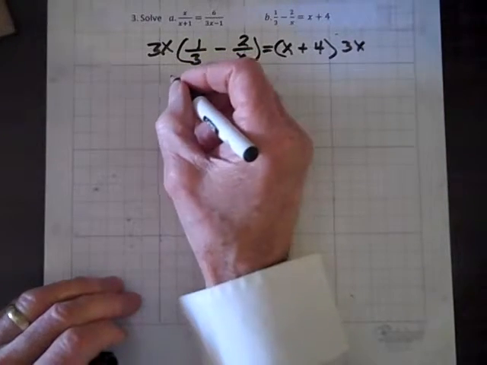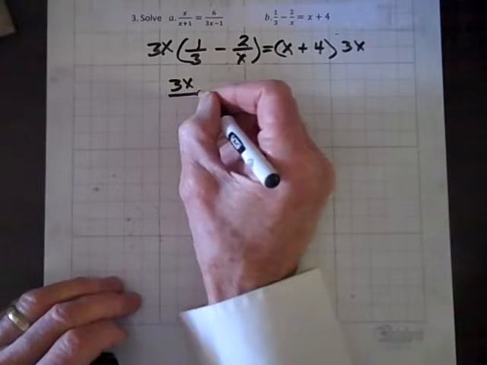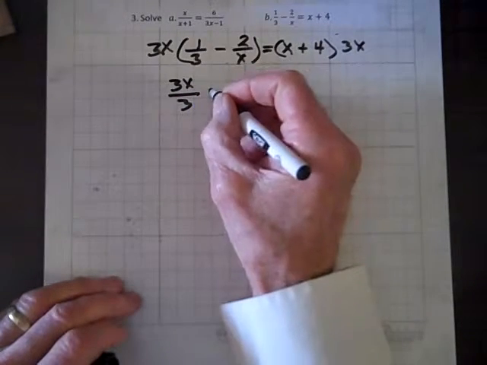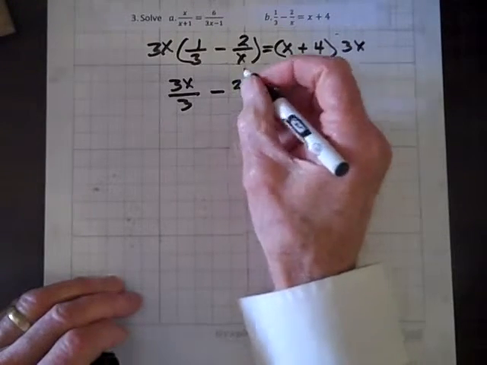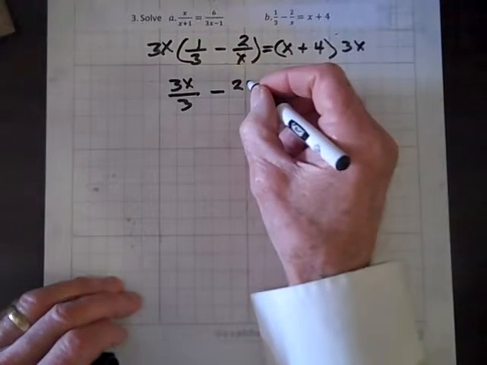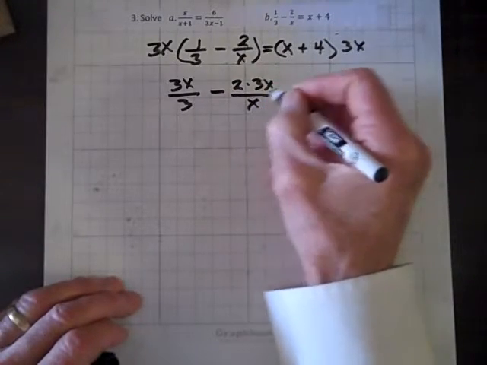So 3x times 1 over 3 is 3x over 3 minus 2 times 3x, and that's over x.